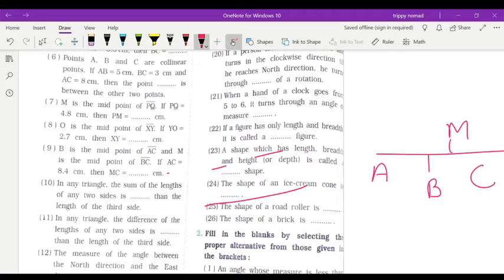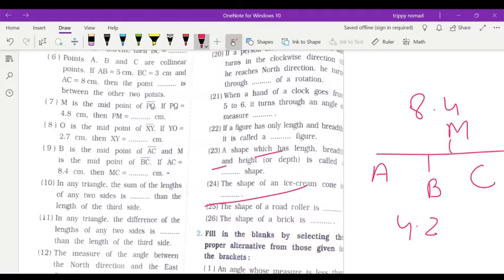B is the midpoint of AC and M is the midpoint of BC, and this complete line segment AC is 8.4. If this complete is 8.4, then half of AC, that means either AB or BC, will be 4.2. But we have to find out the answer. BC is also 4.2, but M is the midpoint of BC also.